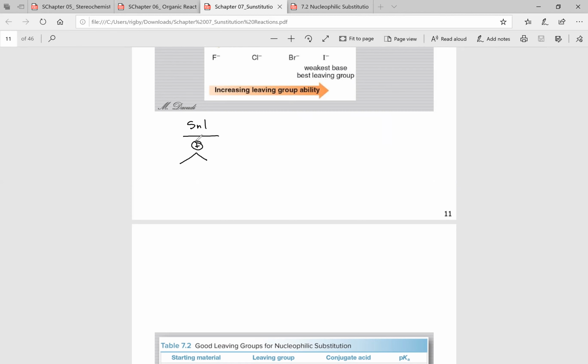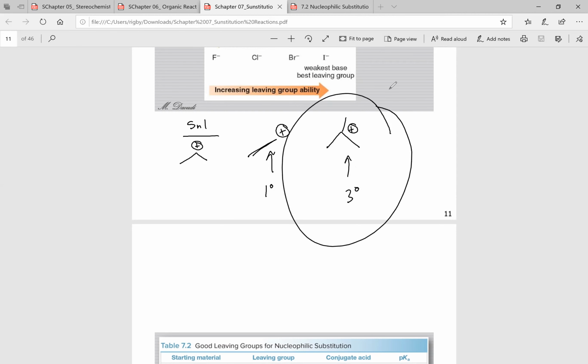And when we're talking about carbocation stability, the general rule of thumb is that the more substituted the carbon is, the more stable it is. So let's compare this guy to this guy. We see here, this is a primary carbon with a positive charge. This is a tertiary carbon with a positive charge. So this one's going to be more stable overall, okay?